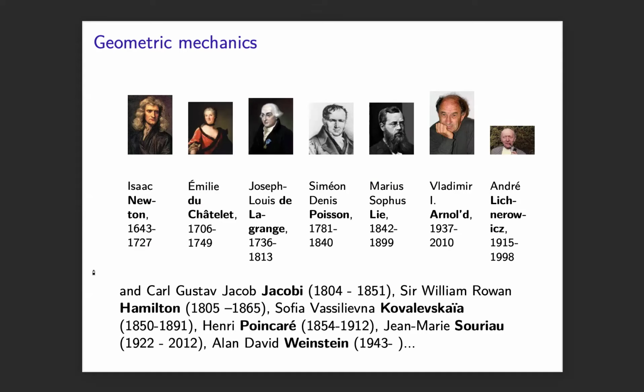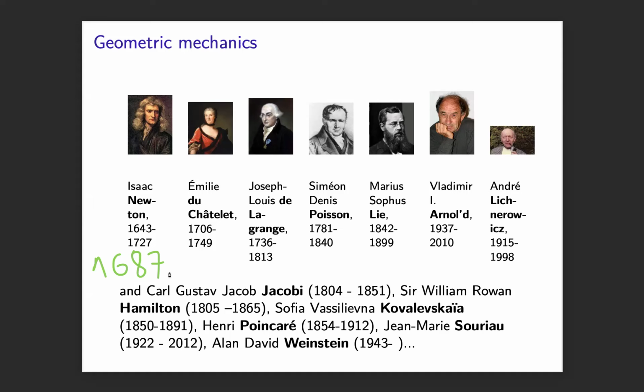Let us start the history of mathematical physics with Isaac Newton. So Isaac Newton published an important book in 1687 where he wrote what is now called the second law of Newton, which states that the force equals the mass times the acceleration.